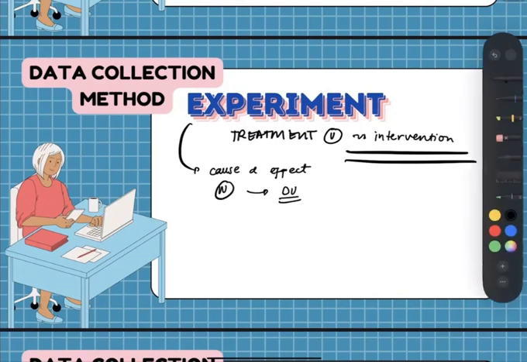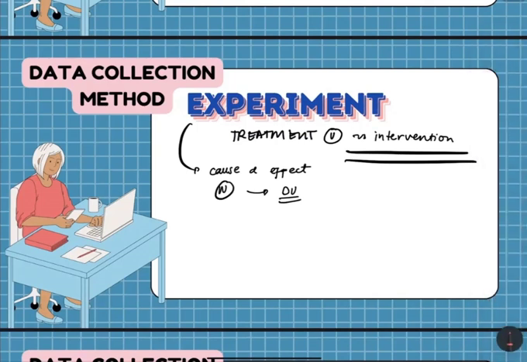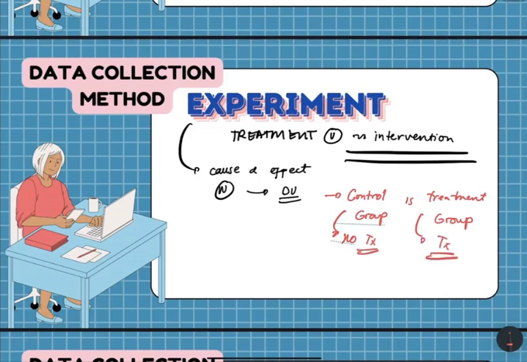Also remember that in order for an experiment to be legit, or valid, you need to establish two groups. We have your control group and your treatment group. We all know, and we have learned this before, that the control group has no intervention or no treatment variable, while your treatment group receives the intervention.